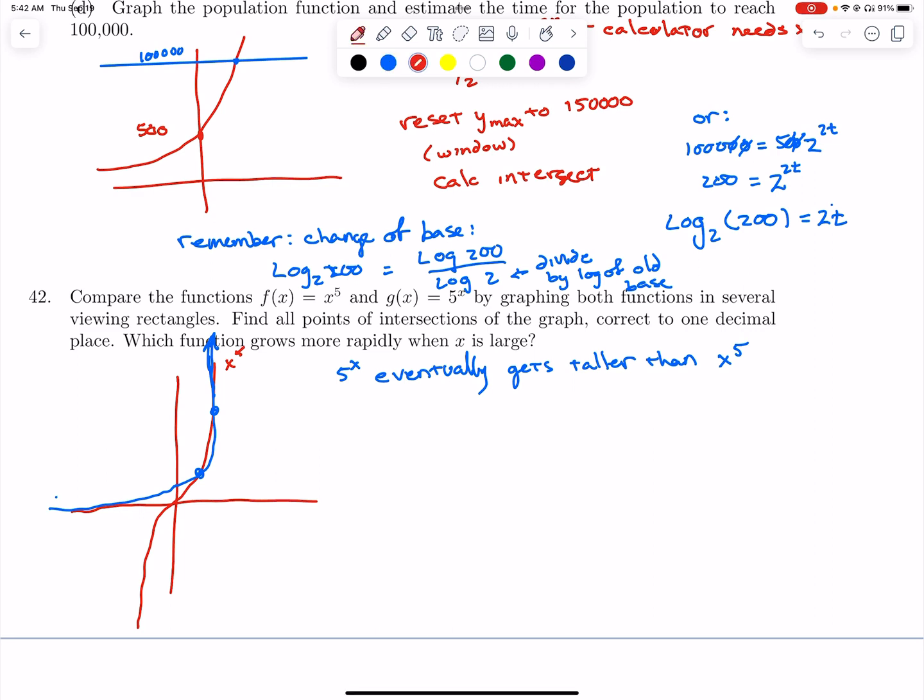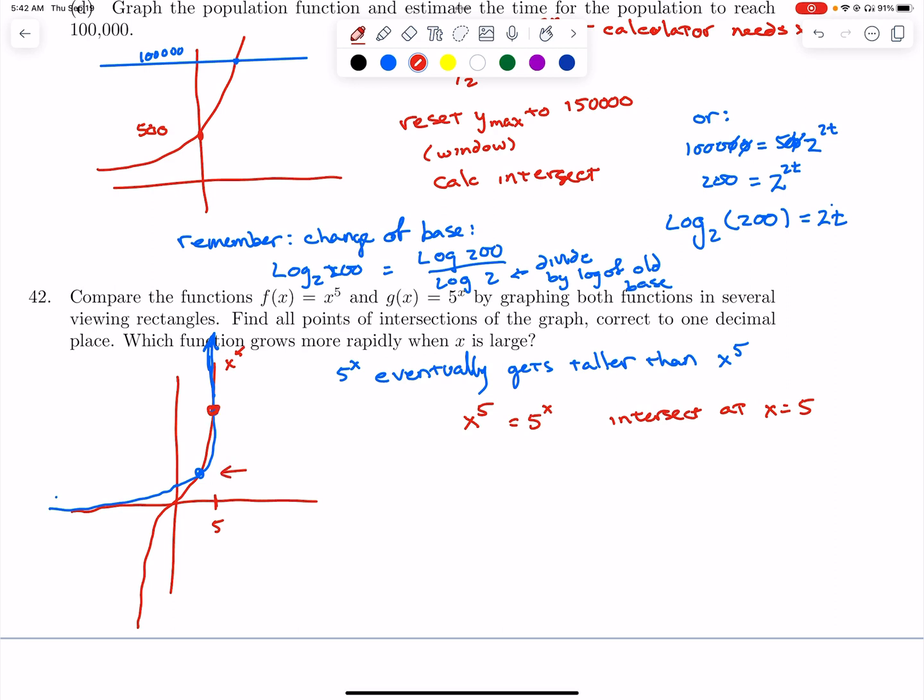Okay, so where do they intersect? Well, clearly x to the 5th and 5 to the x definitely intersect at x equals 5. 5 to the 5th is pretty large, so you've probably got your window still set to 100,000, so you'll be able to see it. But at 5, that's that second intersect.